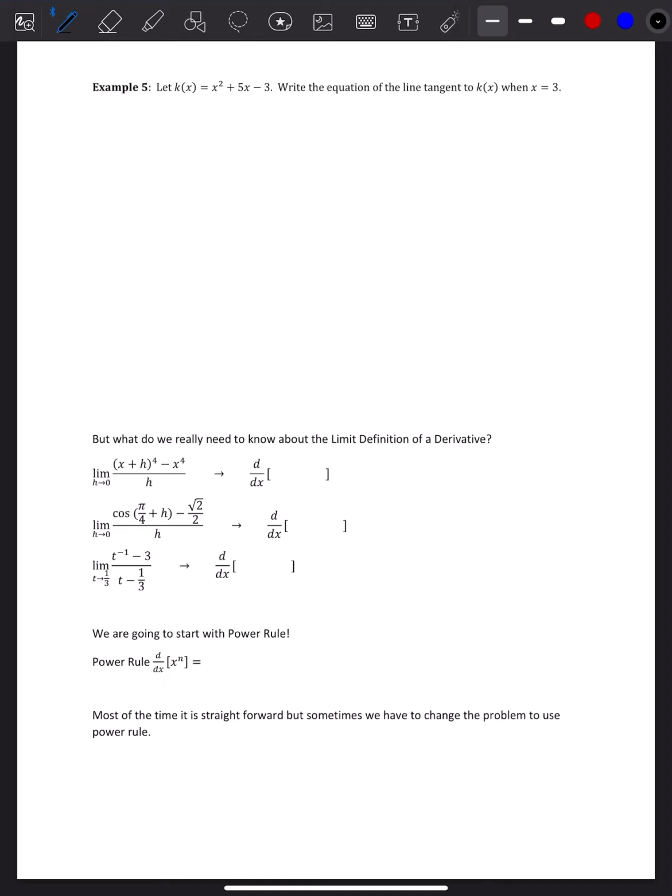So let k of x equal x squared plus 5x minus 3. Write the equation of the tangent line at x equals 3. We have some things that we need to do. The easiest way to do this is finding the point, so plugging in k of 3.